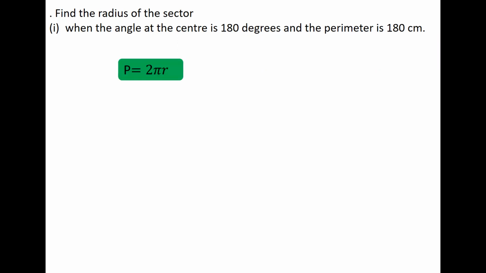Perimeter is equal to 2 pi r into fraction, that is theta over 360, plus 2r. The formula හැමතිස්සෙම මුලින්ම ලියන්න. You get some marks proportionately for the formula, for the right application of formula.